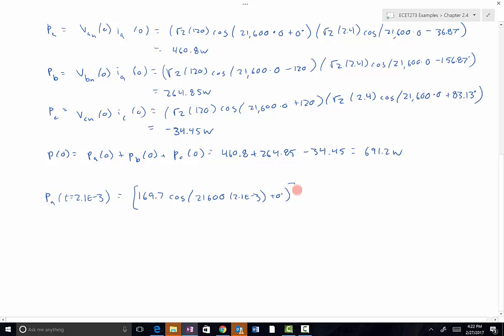So that's the voltage. And then the current is going to be 3.394 times the cosine of 21,600 times 2.1 e to the minus 3, and that same phase shift as before, minus 36.87. And so on phase A at this time here, we get 400.29 watts.